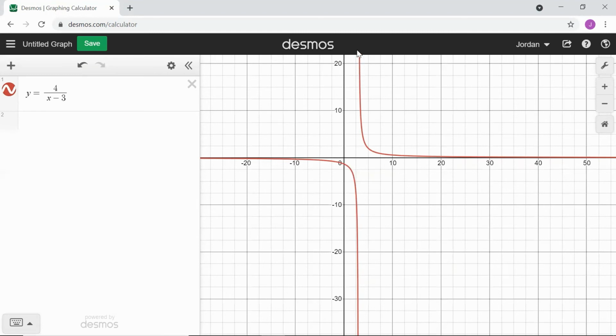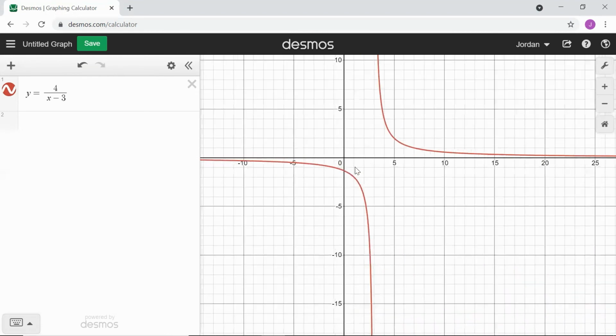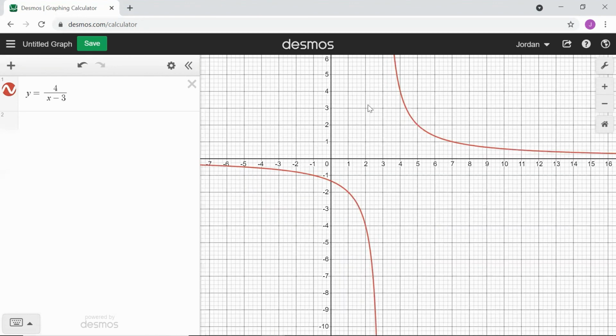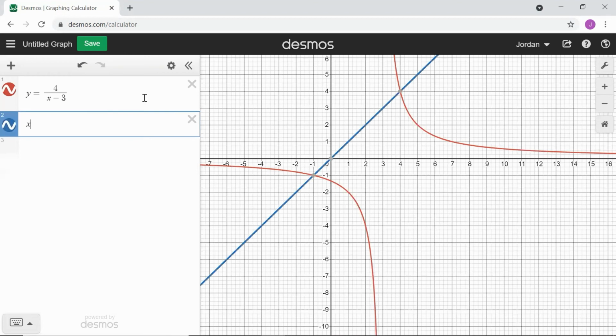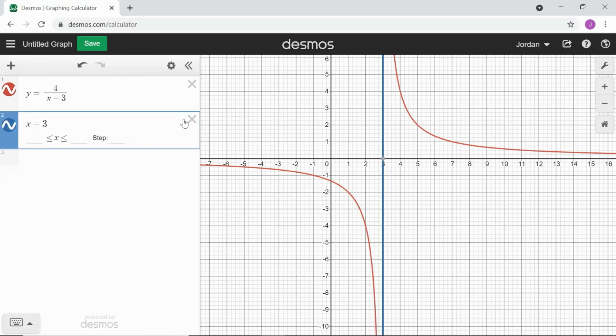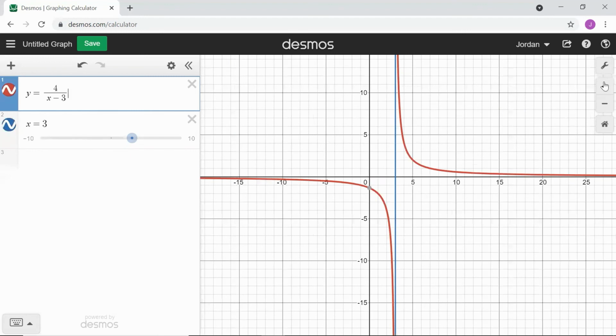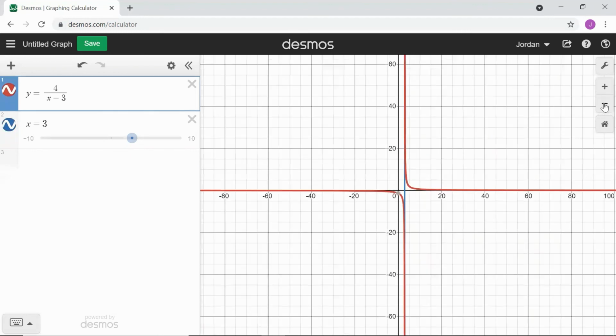As you approach from the left, this graph shoots off to negative infinity. And if we're careful about where that shoots off, you end up seeing that it's shooting off towards positive infinity and negative infinity right at the x value of 3. So we shoot off towards infinity as our x value becomes 3.